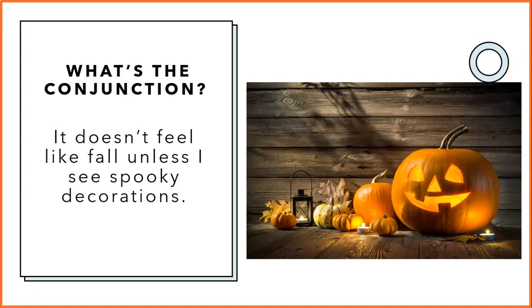It doesn't feel like fall unless I see spooky decorations. I'll give you a hint. This one is a subordinating conjunction. So it's a signal word that lets us know that we're missing information. That's right. Unless is my subordinating conjunction. Unless I see spooky decorations doesn't make sense by itself. So this is a subordinating conjunction.